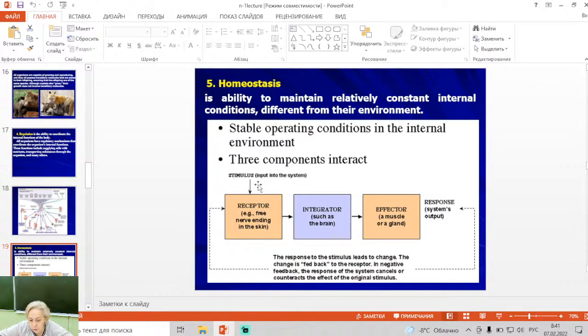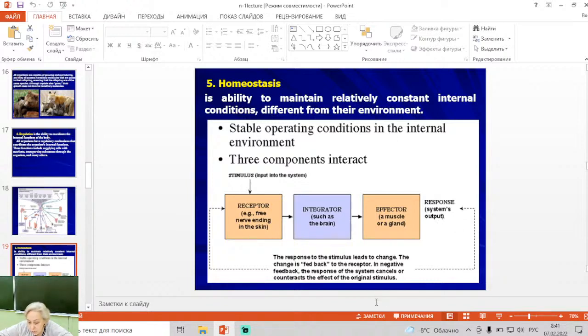A stimulus is input into the system and influences the receptor. A receptor is a free nervous ending in the skin, for example. An integrator such as the brain, and an effector a muscle or a gland. And the response is the system's output.